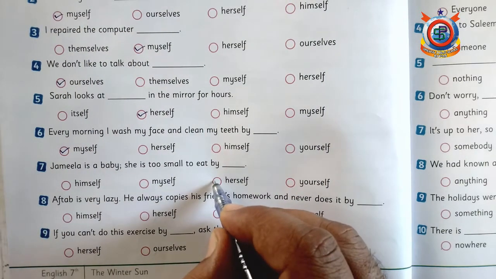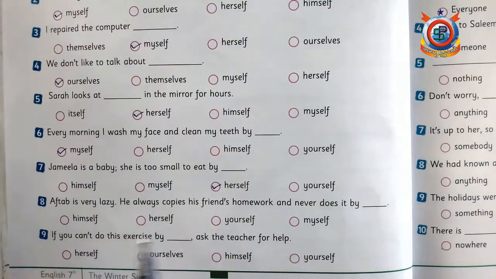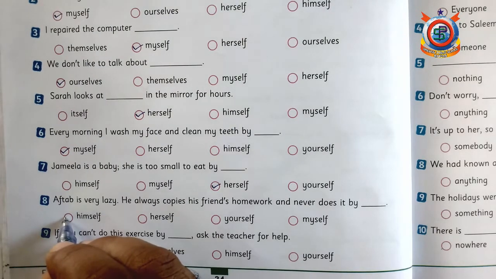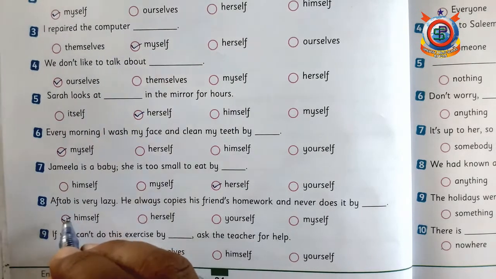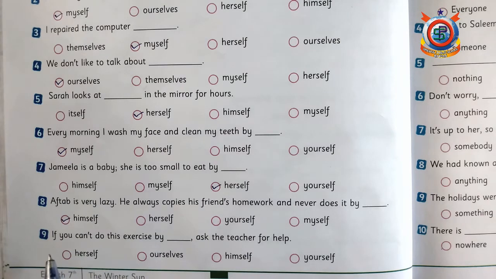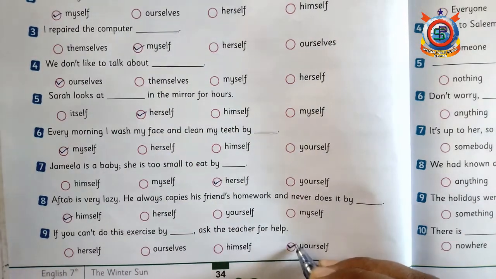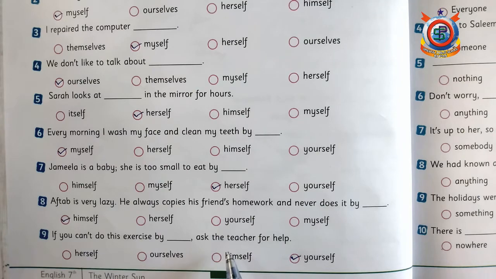Option C. Number 8. Aftab is very lazy. He always copies his friend's homework and never does it by himself. Option A. Number 9. If you can't do this exercise by yourself, ask the teacher for help.